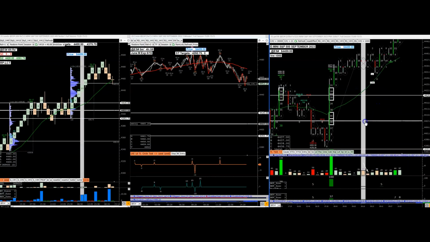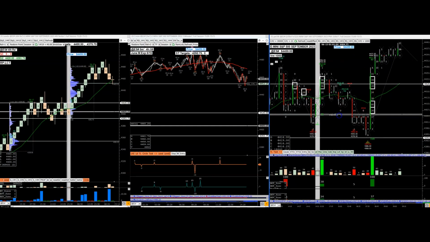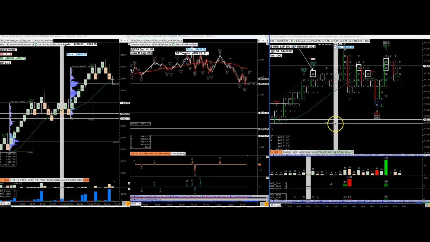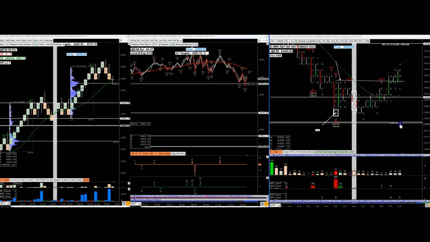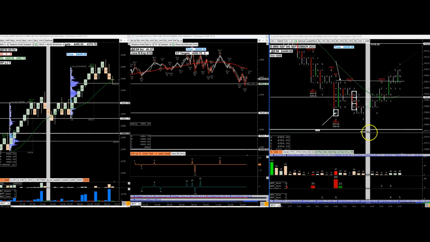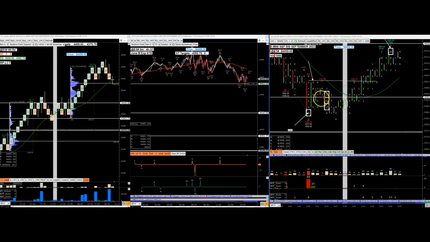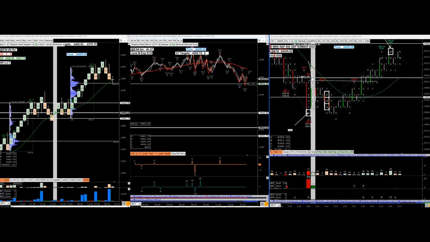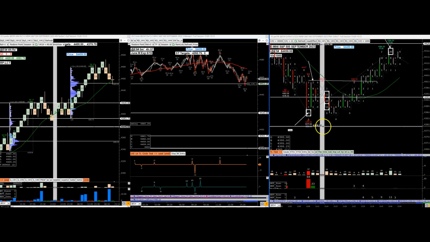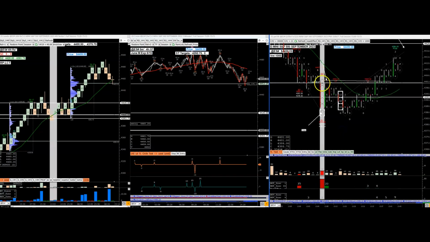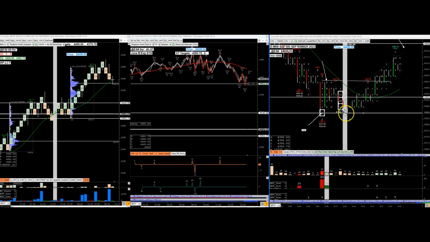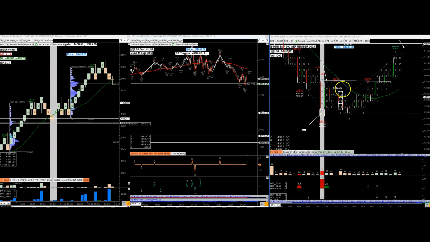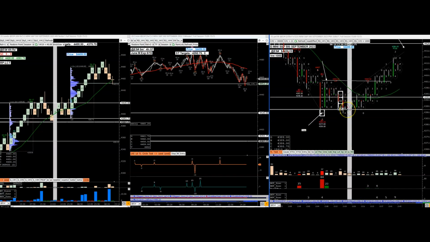Now I want to give some examples here. I don't know what all this is. This is an example of something that happened. I forgot when this happened. I was actually ready to get long right above this high, but anyway, this is base. You had your climax. You had all of that.